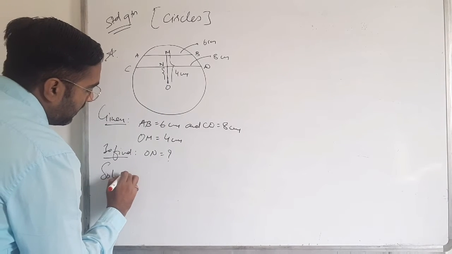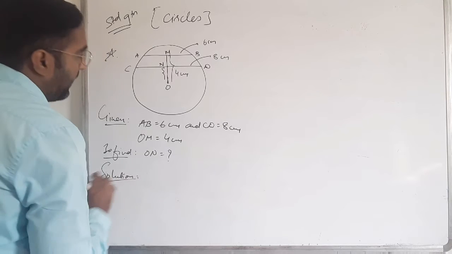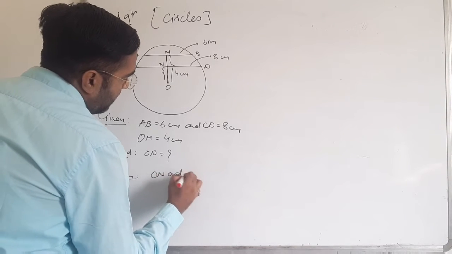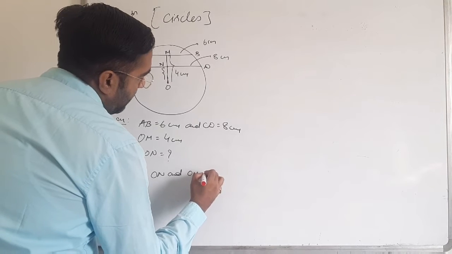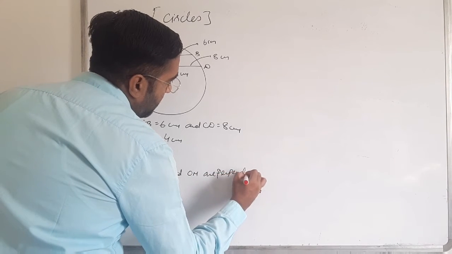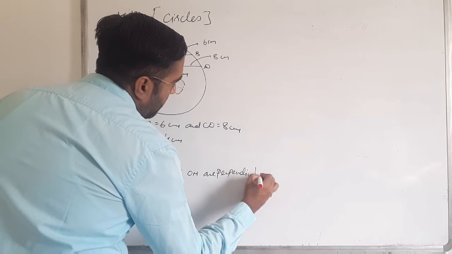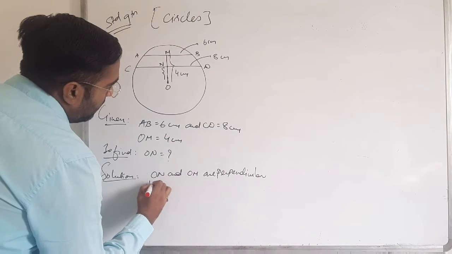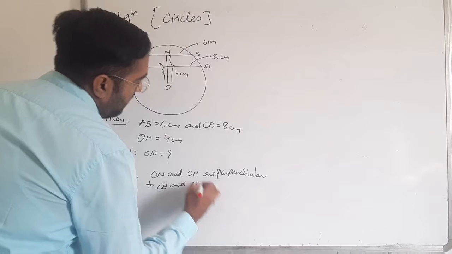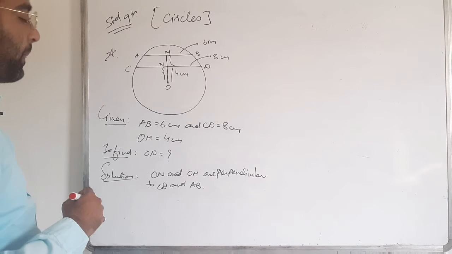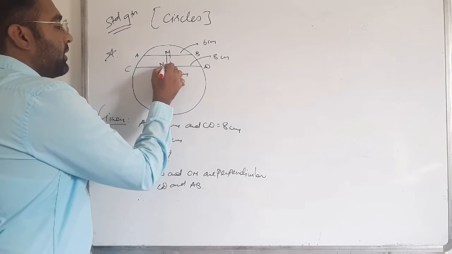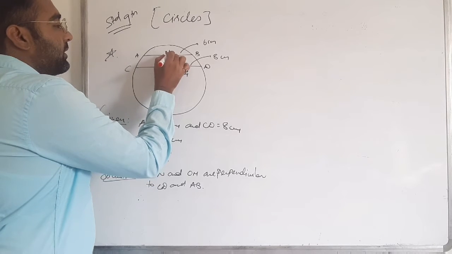From the center of the circle, the line to the chord is perpendicular to the chord, that we know. So I'll write that ON and OM are perpendicular to CD and AB. Therefore they also bisect the chord.